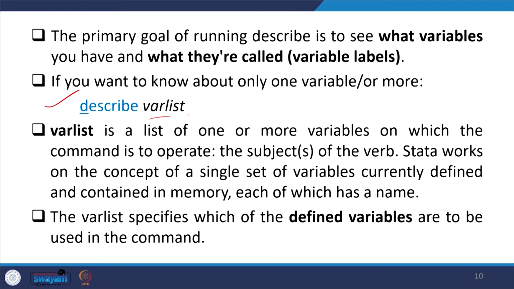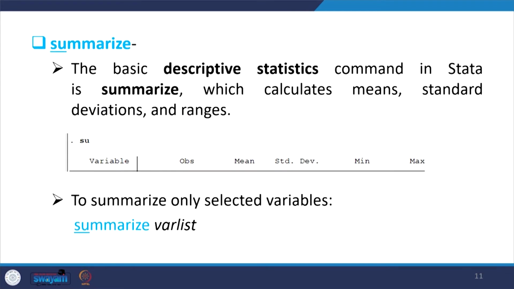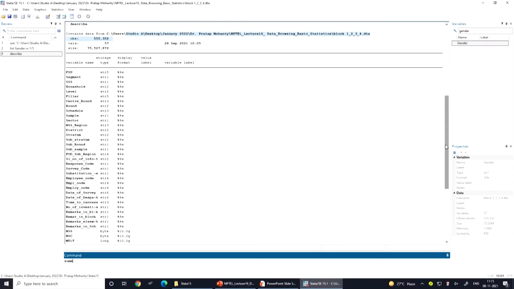The font that is in blue is your command name and the rest is your variable name. All right. So, next is to understand the summary of the data. First we describe the data, then we summarize the data. Summarize gives information about the variable: number of observations, mean, standard deviation, minimum and maximum. Now, we can summarize some of the variables on the screen as well, then we will discuss it.